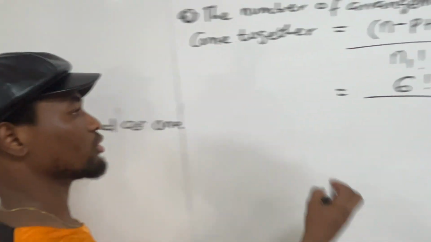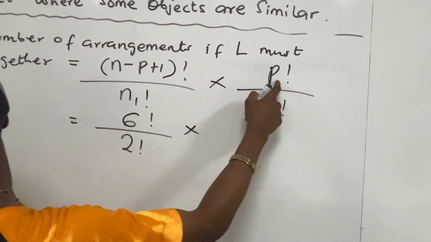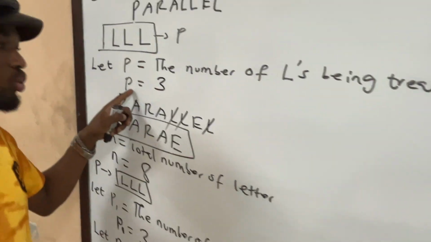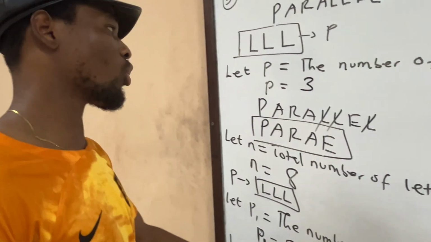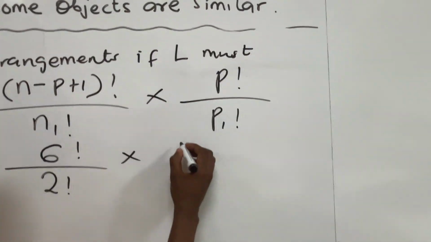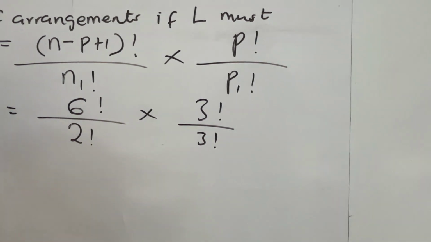So I have 2 factorial, then times P. P here is equal to 3, then P1 is also equal to 3. That's very interesting. So I have 3 factorial over 3 factorial.